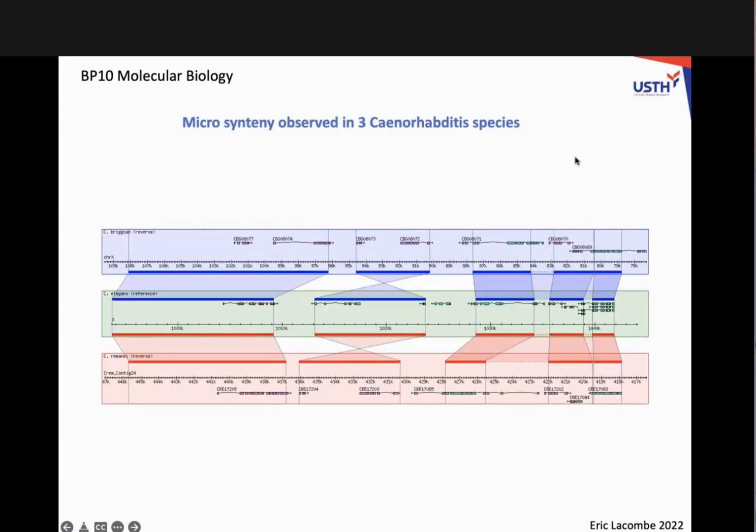But we can do an analysis of the syntenic relationship at a much smaller range. So this is an example, and we will almost finish with this. If you look carefully at this drawing, I will explain where it comes from.